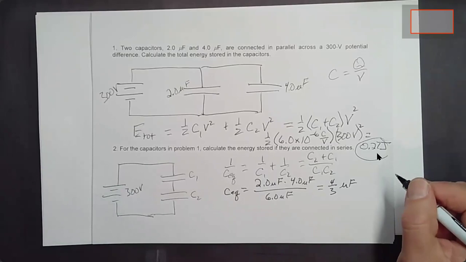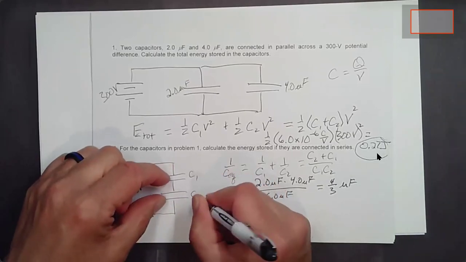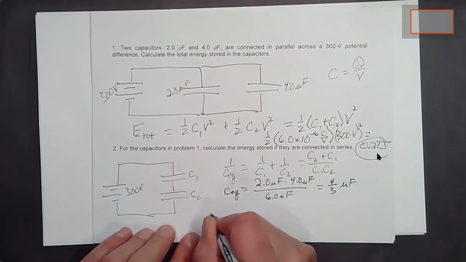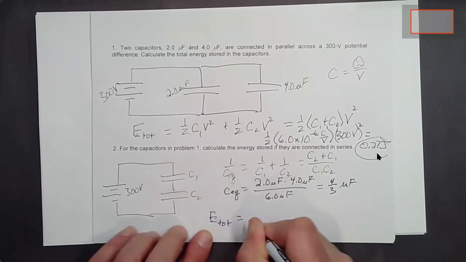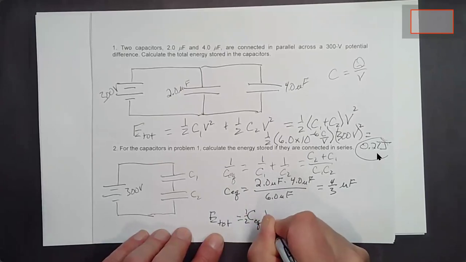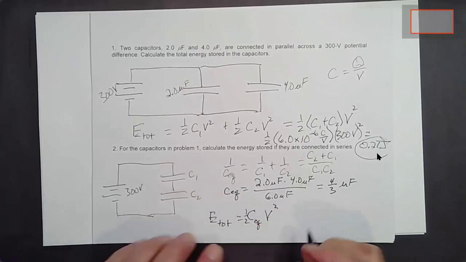So that's what we get. And in this case, I could replace those two capacitors with one that has that value, and the energy stored in that case would equal 1/2 times C equivalent times V squared, 1/2 CV squared, and V is still 300 volts.